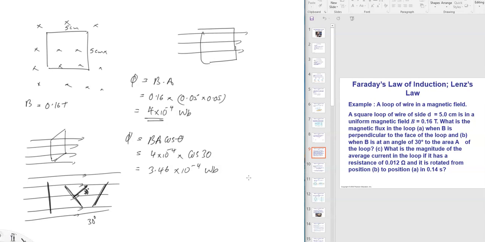What is the magnitude of the average current in the loop if it has a resistance of this many ohms and is rotated from position B to position A? Okay, so this is position B. It was at 30 degrees. This is position A. It's at 90 degrees.